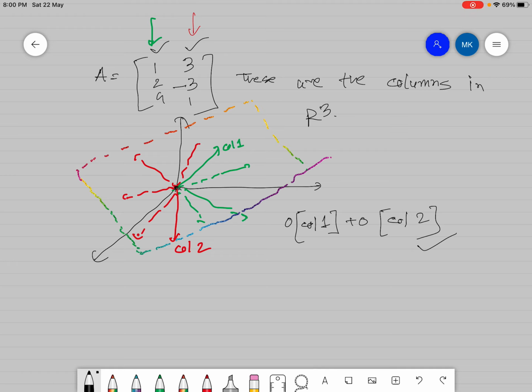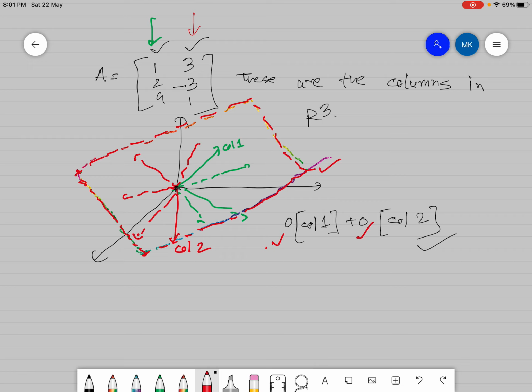Right, now as you can see, this subspace contains all the linear combinations of column 1 and column 2, and it contains the origin as well. So the two conditions of becoming a vector subspace are fulfilled.